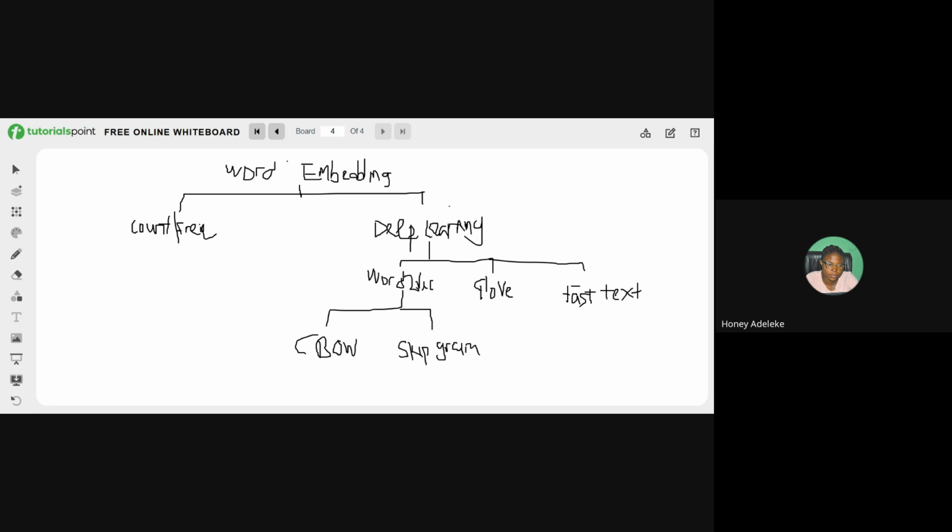So that's one of the things Word2Vec does. I feel our introduction has covered some part of Word2Vec, but I will reiterate it so we know what Word2Vec is actually doing.